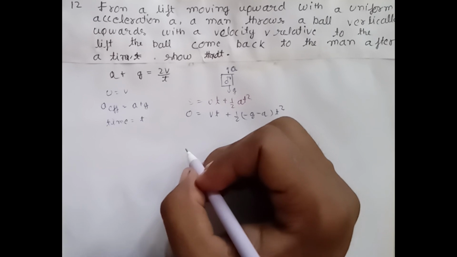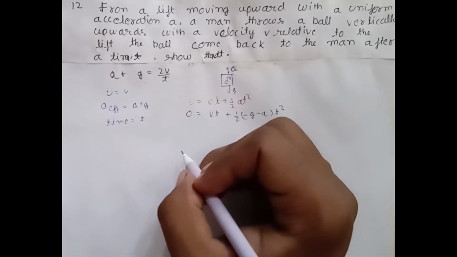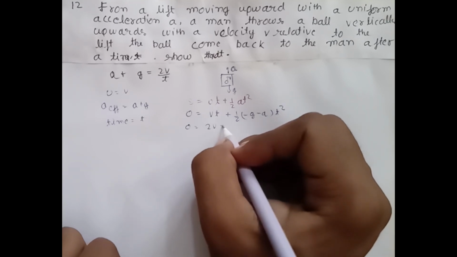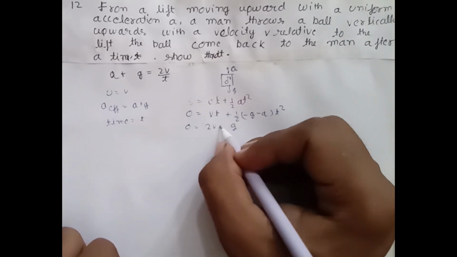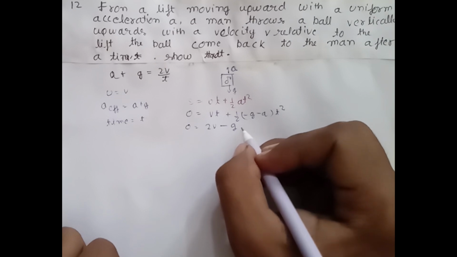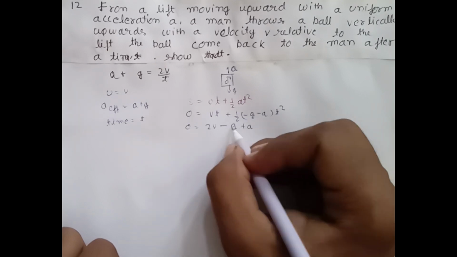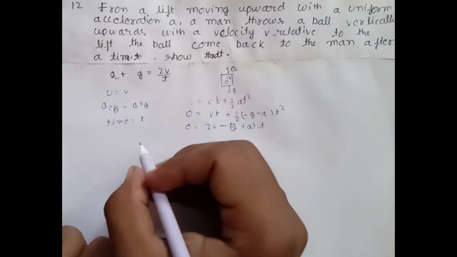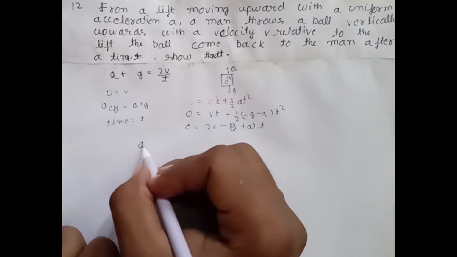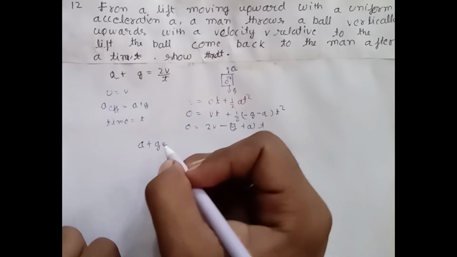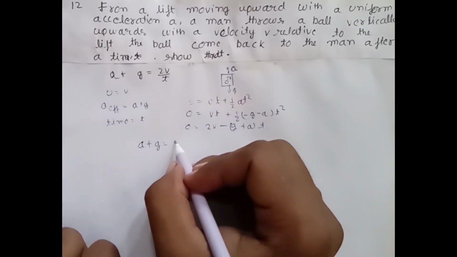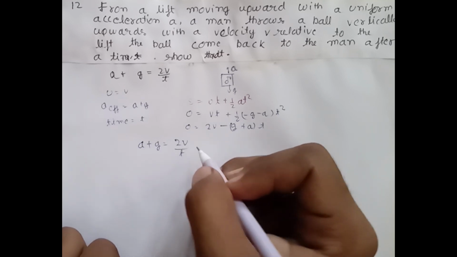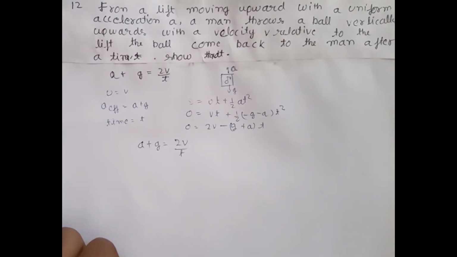After simplifying this equation, we get 0 is equal to 2v minus (g plus a) into t. After solving it further, a plus g is equal to 2v upon t. Hence, it's proved.